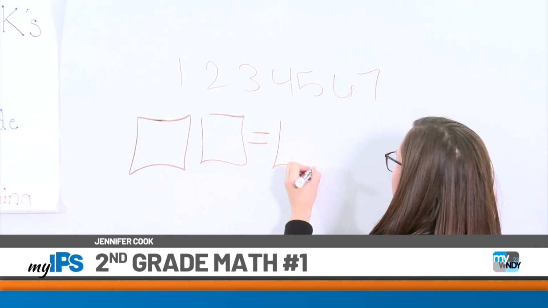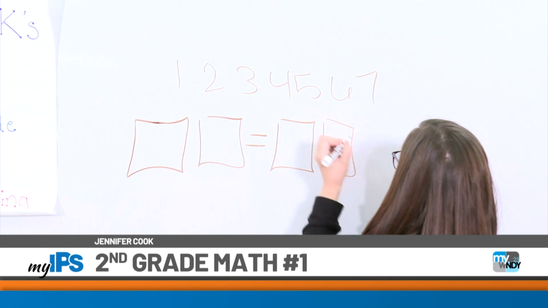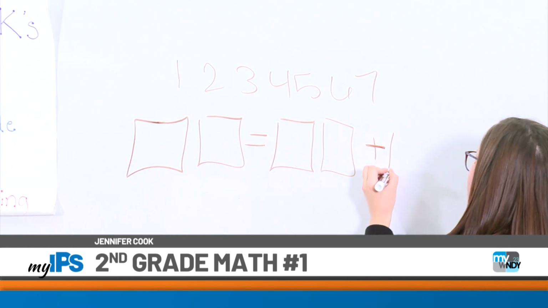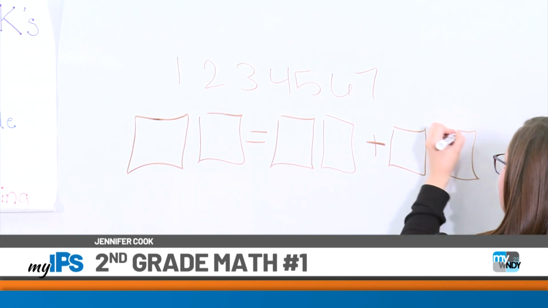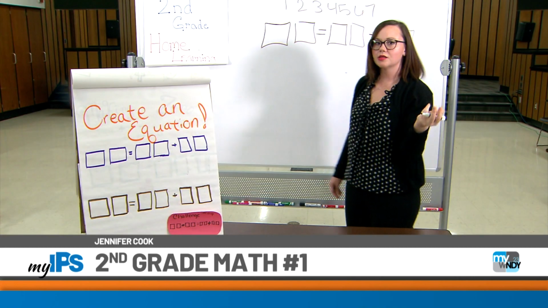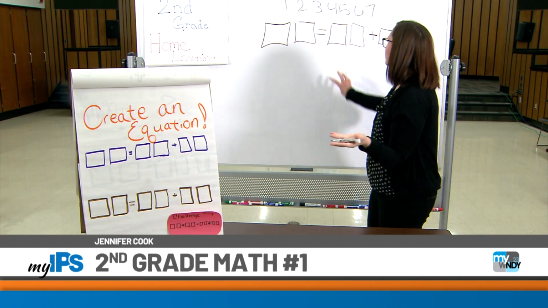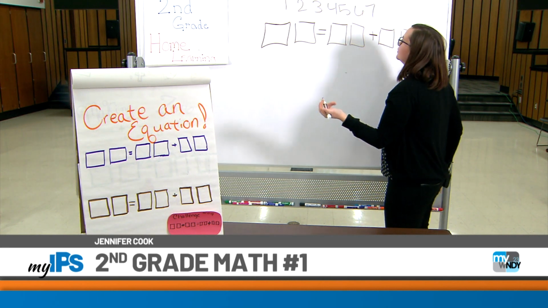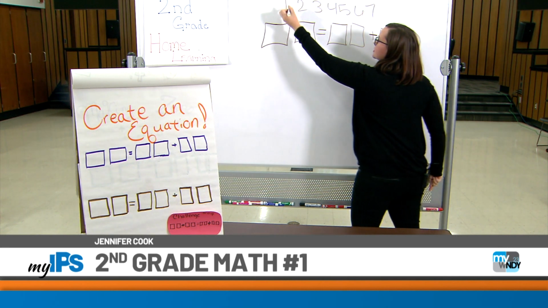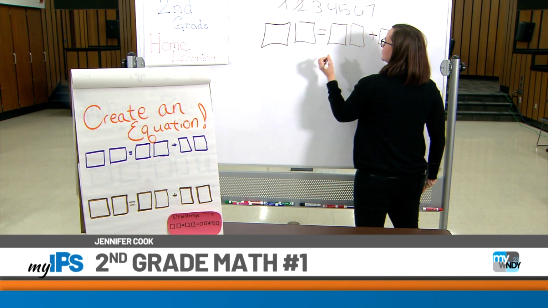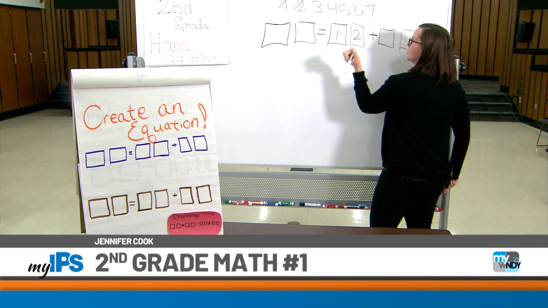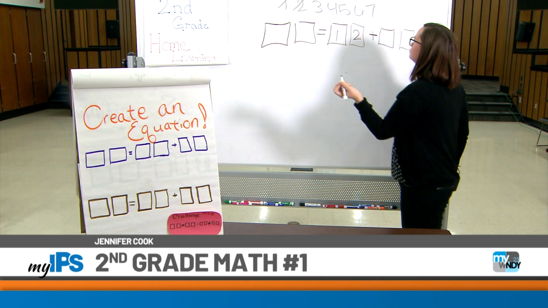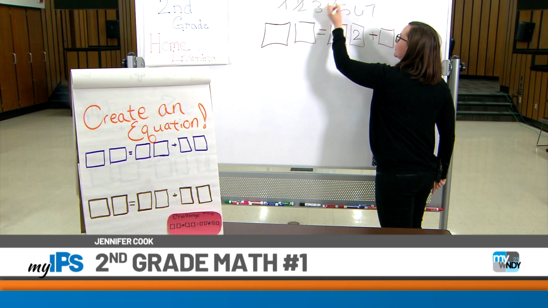Equals something plus something. Okay, so I'm going to start out easy, and I'm going to start on this side of the equation, on this side of the equals sign. So I'm going to say, let's do 1, 2, so let's say 12 plus, let's try 4, 5.